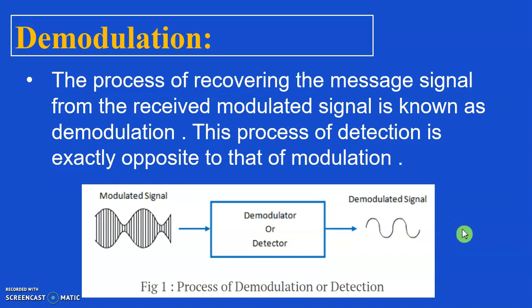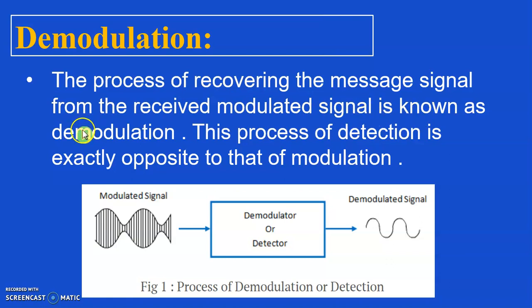So in this video, let us see one of the most widely used demodulation techniques for the AM signal. But before that, let us define what do we mean by demodulation. Demodulation is defined as the process of recovering the message signal from the received modulated signal.